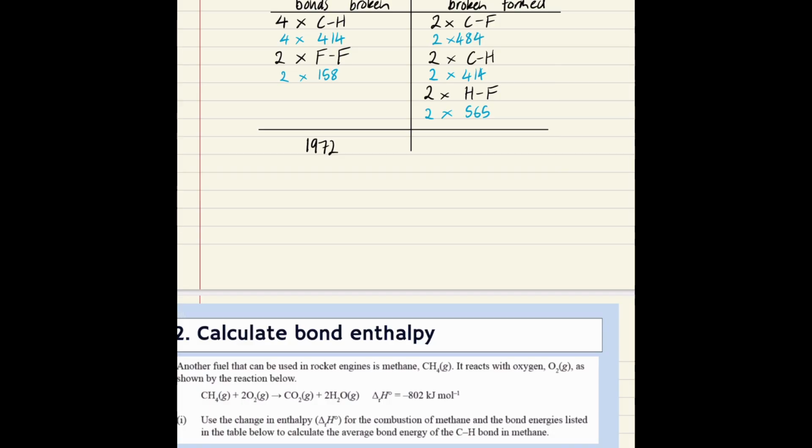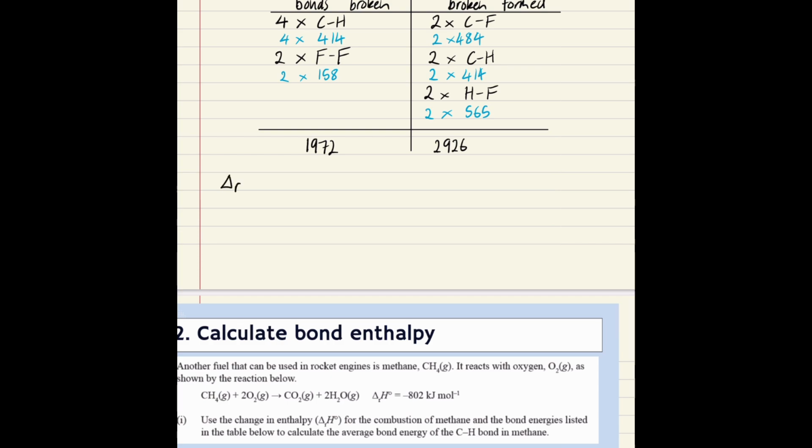And then 2 times 484 plus 2 times 414 plus 2 times 565 is 2926 kilojoules per mole. So I've got my totals.